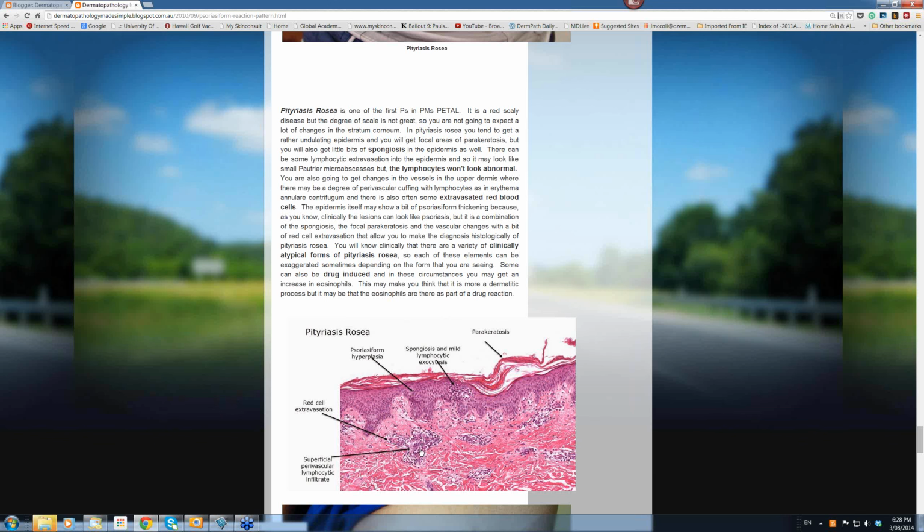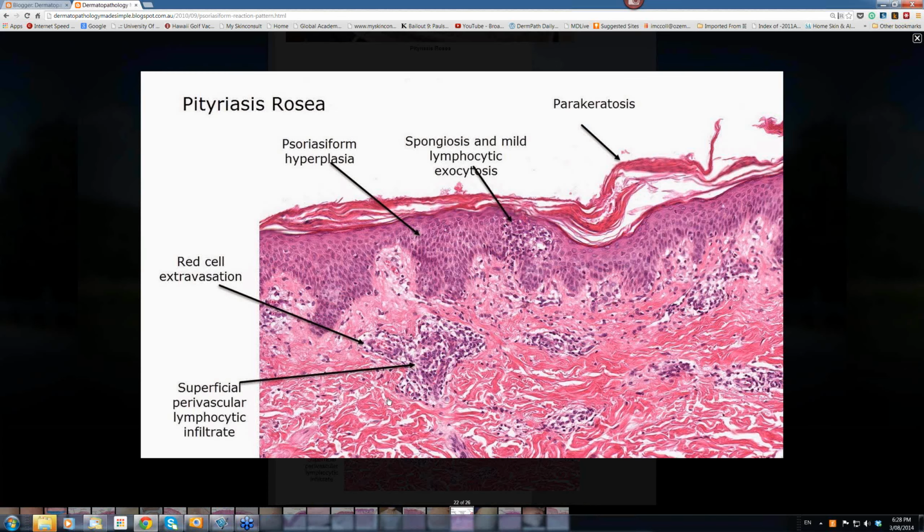Again, mainly lymphocytic. So it might look a little bit like erythema annulare centrifugum, but with a little bit more spongiosis, a little bit more parakeratosis, but sometimes it can be difficult to separate pityriasis rosea and erythema annulare centrifugum. Something that can help is if you get a bit of red cell extravasation. Let's see if we can look at this a little bit bigger.